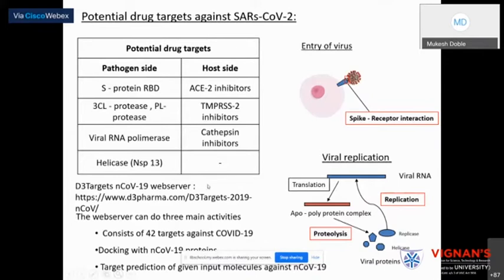I will show you at the end of my talk a couple of examples of what we have done with one or two molecules. So if one is interested in doing some bioinformatics, staying at home, you can use this web server and query with several hundreds of molecules, and it can give you the possible best targets.